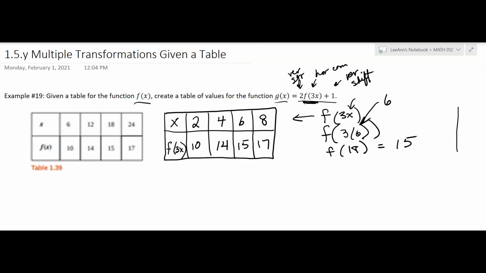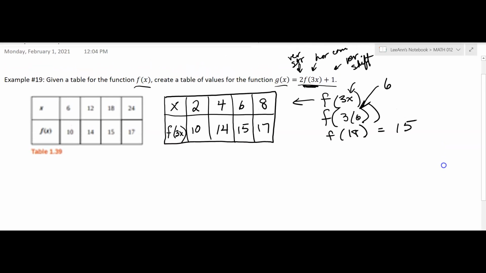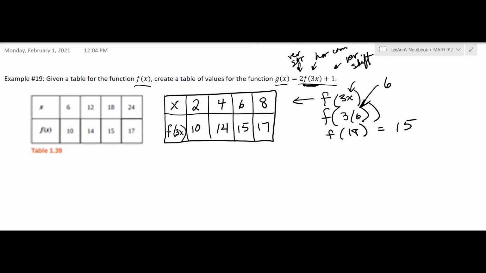Now we're going to start with my vertical parts. So I have to do the stretch first. So I'm going to do the vertical stretch. It's a stretch.